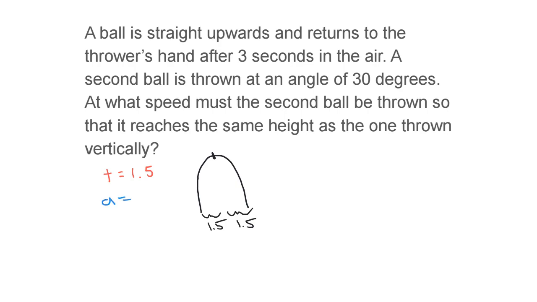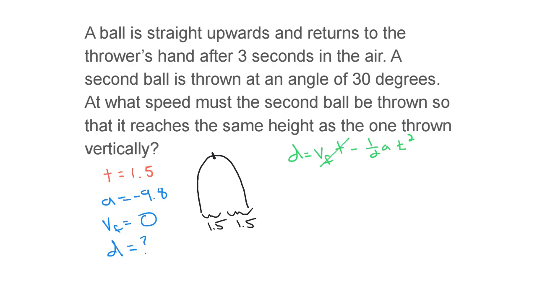The acceleration is negative 9.8. And then that final velocity, right when it hits its peak, is going to be 0. We need to know the distance that it travels. So let's look for a kinematic equation that doesn't have initial velocity, and that is d equals v sub f times time minus 1/2 at squared.